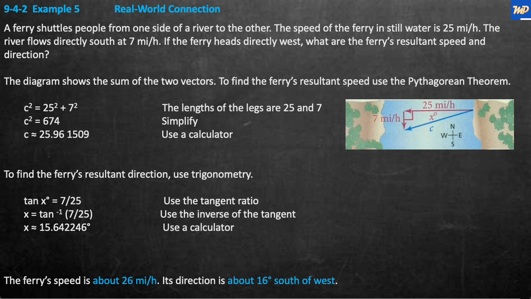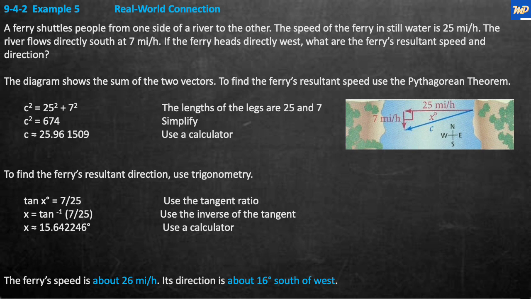So in order to find the speed, c, we're going to use the Pythagorean theorem, which is c squared is equal to a squared plus b squared, right? Or 25 squared plus 7 squared. We have our 7 and our 25. Those are the two legs of this right triangle, opposite the hypotenuse, which is c, and we're looking for c.